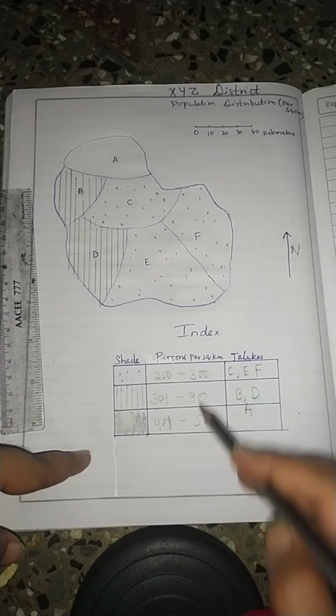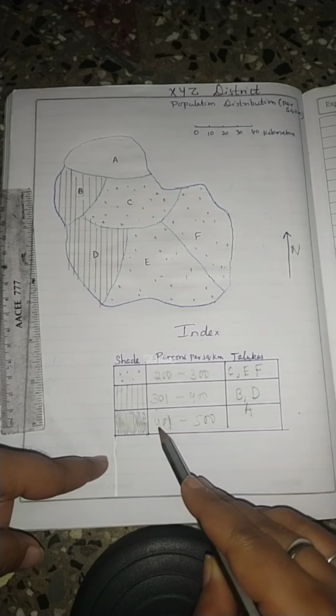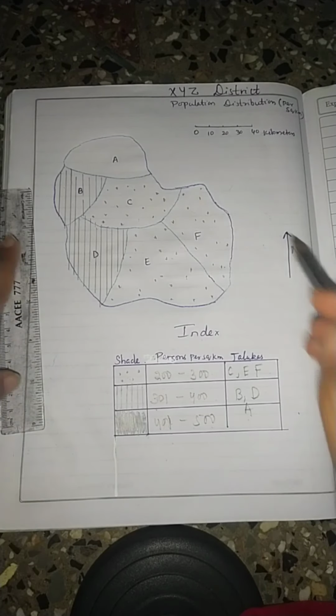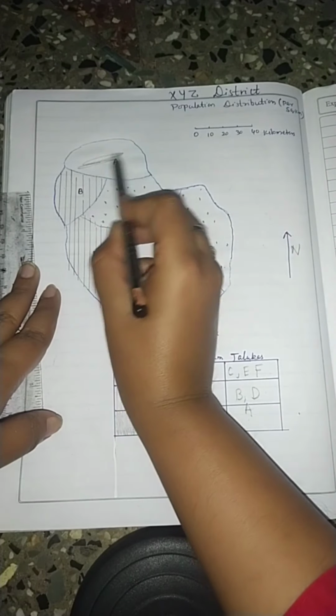Then, for the highest category, 401 to 500 persons per square kilometer, which is found in taluka A, I have to blacken it out. I will completely blacken it.